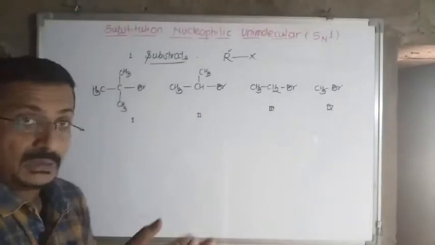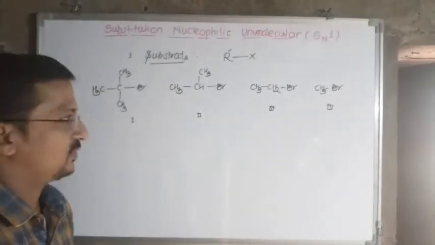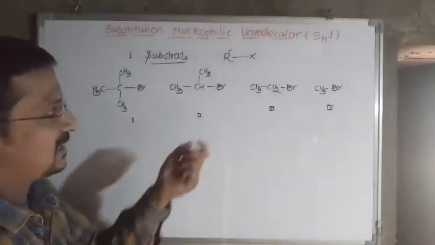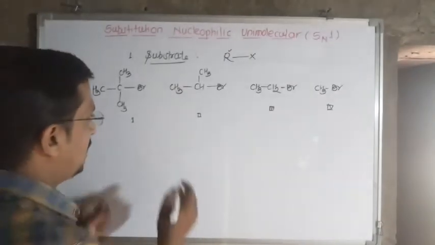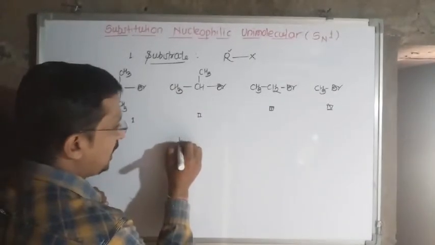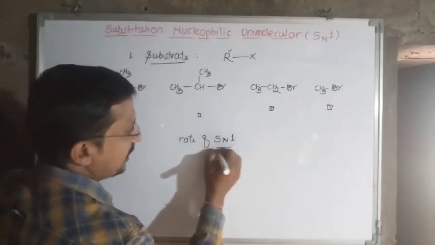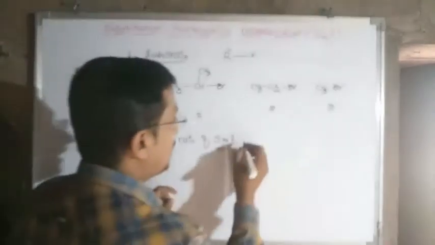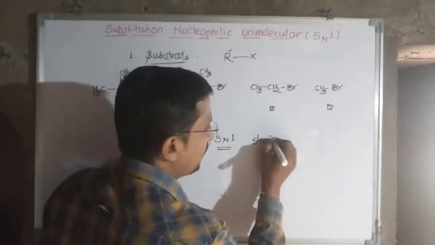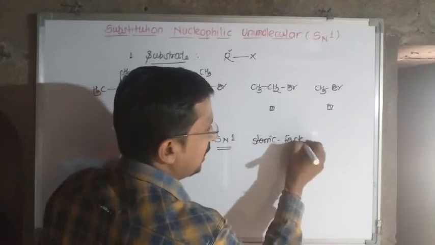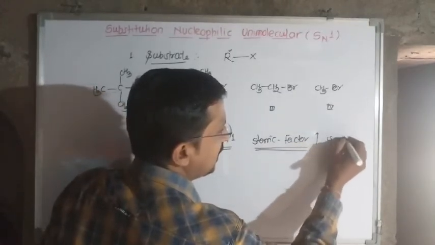In which case does the SN1 reaction occur more easily, faster or slower? We are going to discuss that now. As I already told, whenever they ask about the rate of the SN1 reaction, we have to give preference to the steric factor. The more the steric factor, the higher the rate of the SN1 reaction.